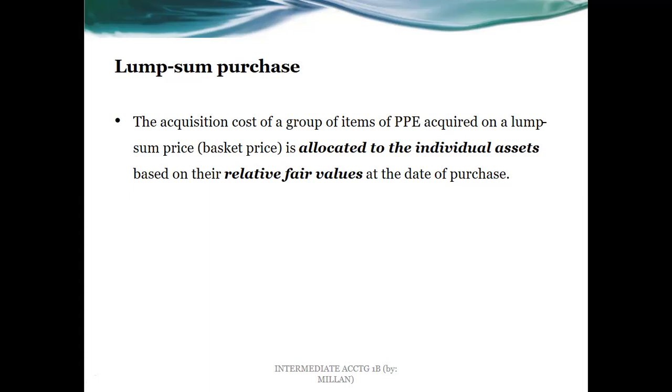In that case, we are going to allocate the cost of such particular acquisition to the individual assets based on the relative fair market values at the date of purchase. This is under IFRS 15 or PFRS 15, revenue from contracts with customers. So we just have to develop fractions out of the fair values and allocate to the assets, multiplying the fractions with the cost.